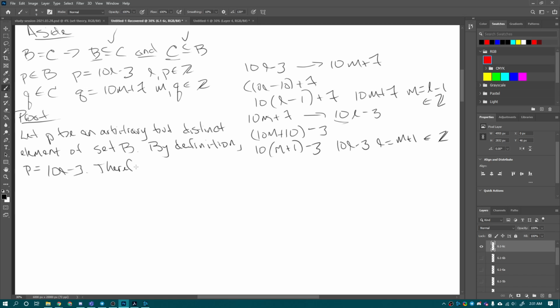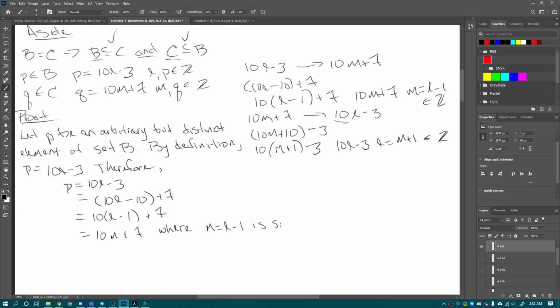Therefore, P is equal to 10L minus 3, which is equal to, I don't like doing it on the same line, let me do the next line, 10L minus 10 plus 7, which is equal to 10 times L minus 1 plus 7, which is equal to 10M plus 7, where M equals L minus 1 is some integer.